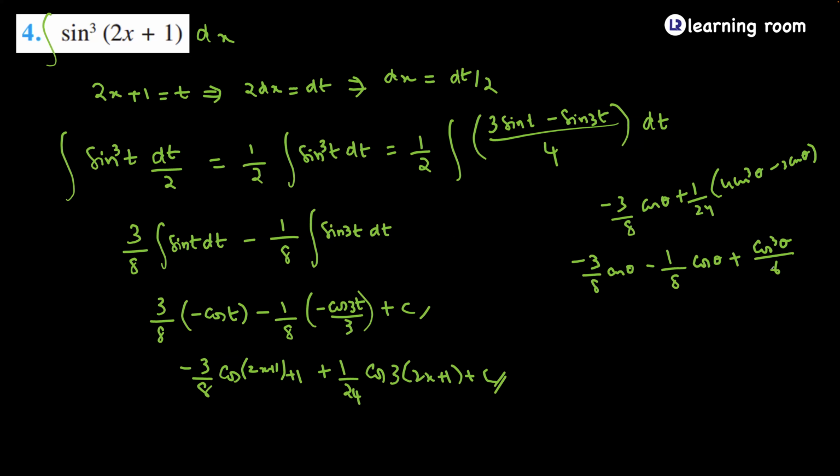So minus 3 minus 1 is minus 4 by 8, which is minus half. So minus half cos theta, theta is 2x plus 1, plus 1 by 6 times cos cube of 2x plus 1 plus c. Is that the answer given? Clear? See, we can stop with that also, that is right.